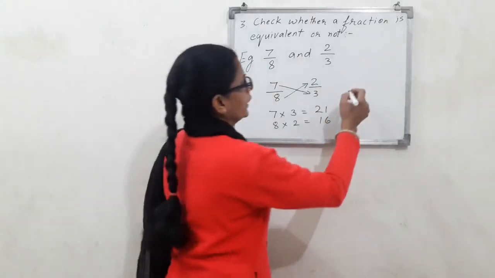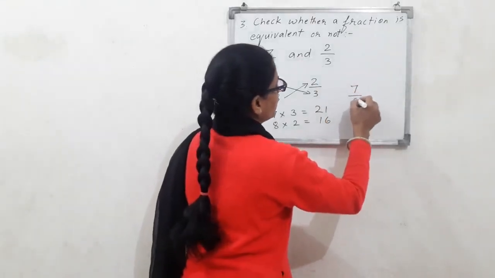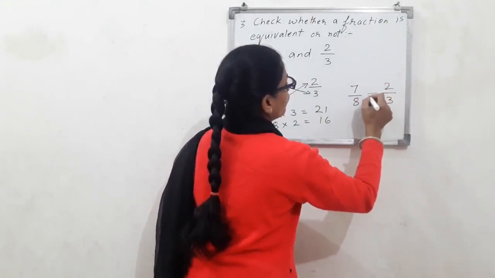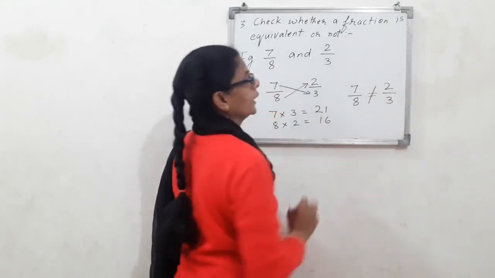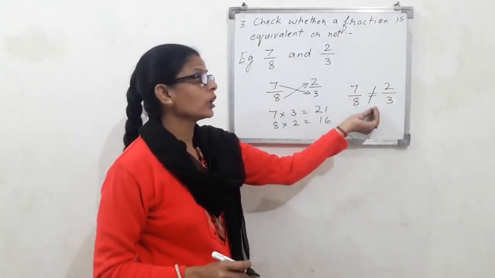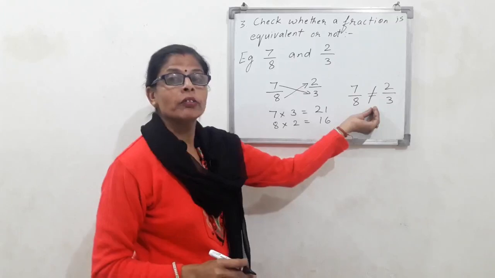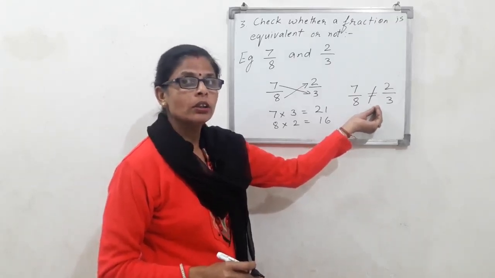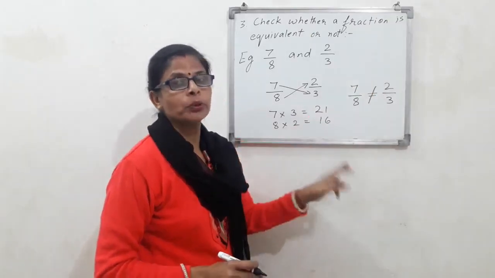So we'll write like this: 7 upon 8, 2 upon 3, they are not equivalent. So we'll put a cut on the equal sign. When they are equal, we put the equal sign. When they are not equal, we put the equal sign and put a cut on it. I hope all of you understood how to find equivalent fractions. Thank you and have a nice day.